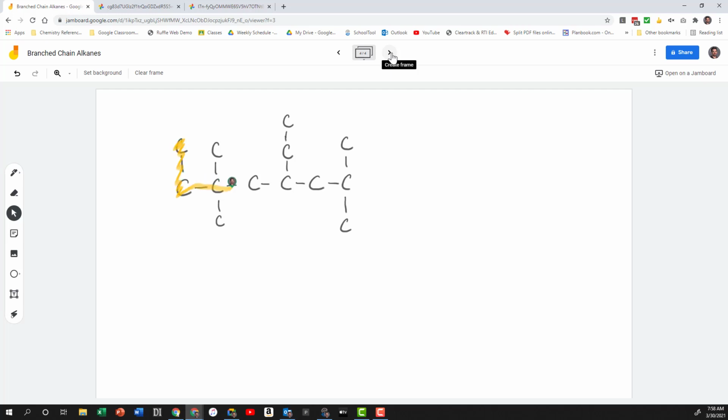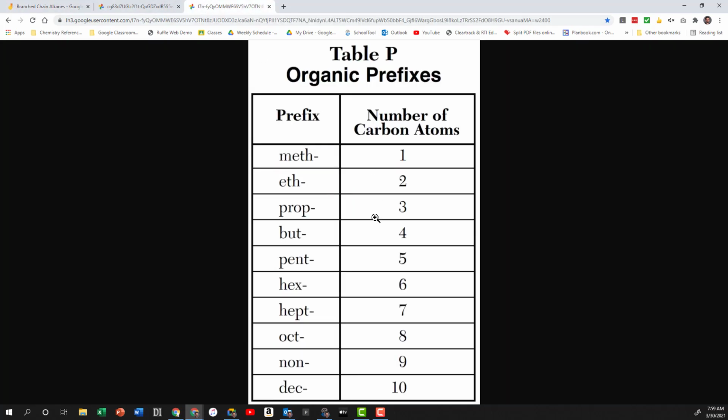Let's number them from, let's see. We'll number them from this side. Since our first one is off of the 2, if we go from this side, 1, 2, 3, 4, 5, 6, 7, 8. So we know, first of all, that we're dealing with an octane. Because oct is our prefix for 8 in a row.